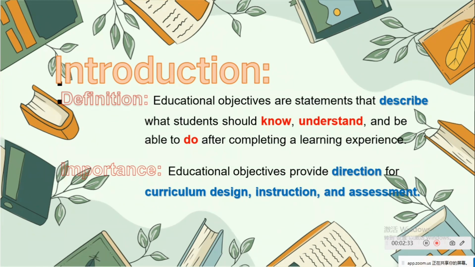For example, they can make relevant models by hand. It's so important for teachers to teach and students to know. It also provides direction for curriculum, design, instruction, and assessment.